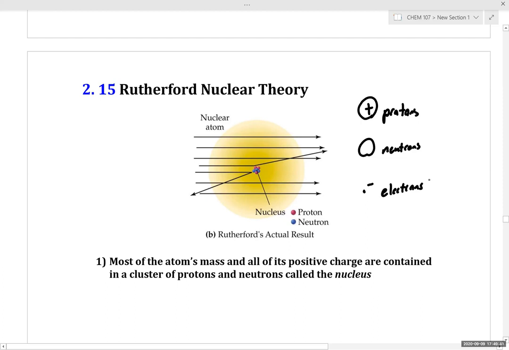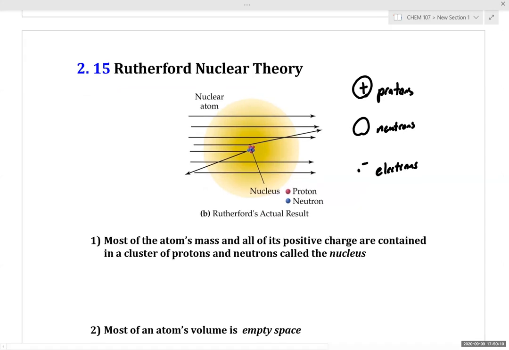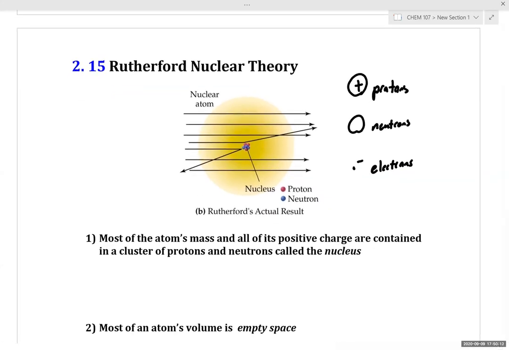And Rutherford nuclear theory essentially focuses on how these protons, neutrons, and electrons are distributed in our atom. Just as a reminder, this is from the chapter 2 notes, which are available on Canvas.